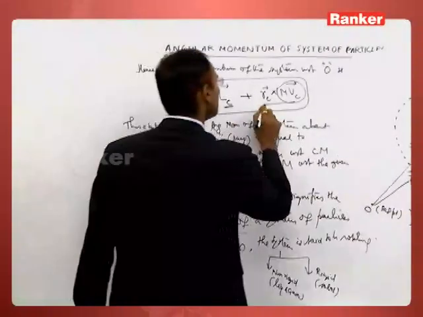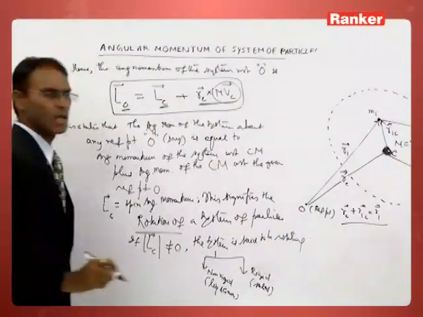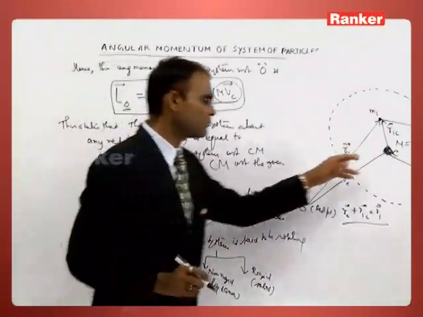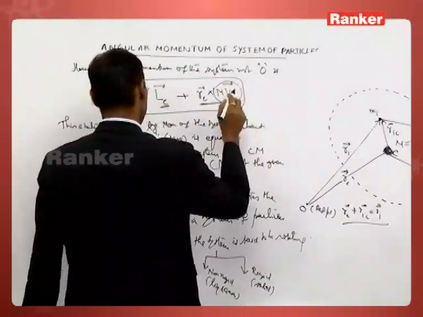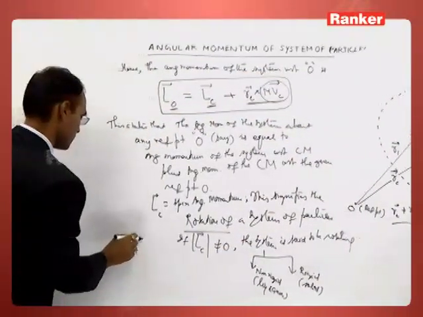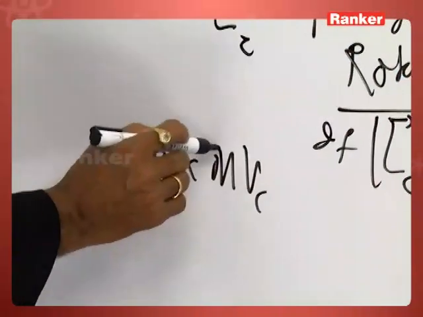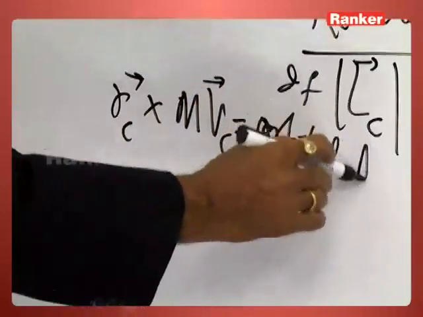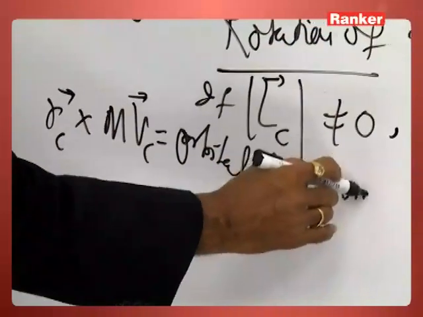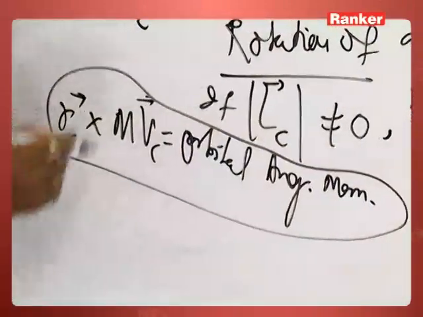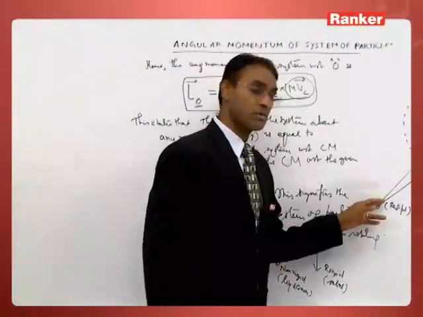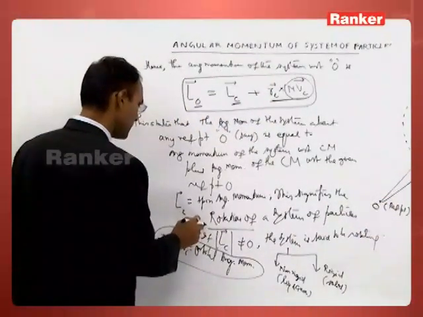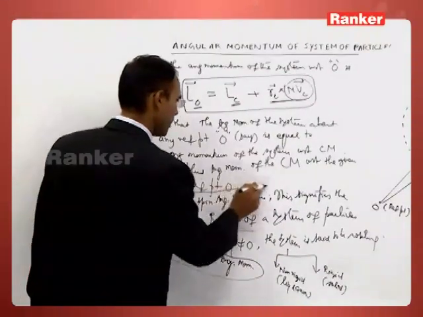And the second term is called angular momentum of the center of mass, or orbital angular momentum. This is just the angular momentum of the center of mass point with respect to the given reference point. So, in rotational mechanics, we will be dealing with this factor, spin angular momentum.